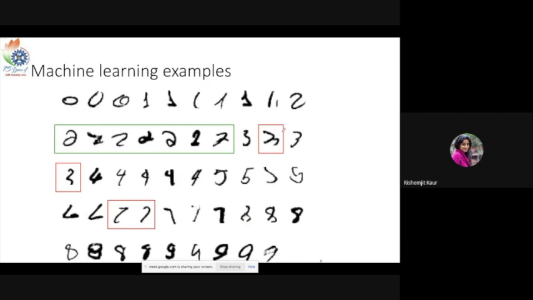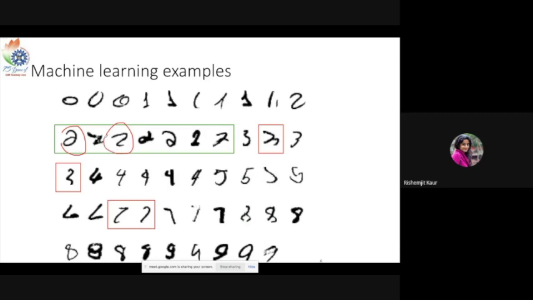So this is one of the few examples where machine learning was really used. There are some handwritten digits, and the task is to recognize those handwritten digits, right? These digits are written by humans. It is very hard to say what makes a two. All of these examples are a part of two.